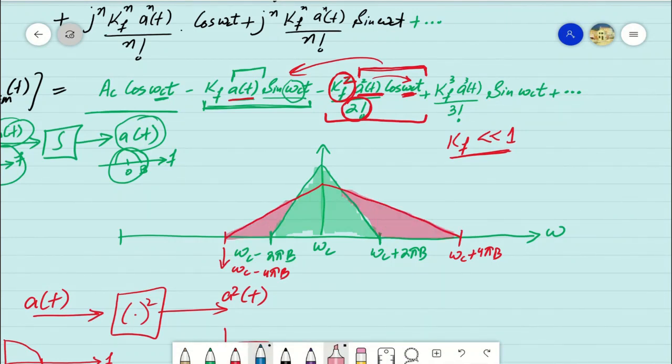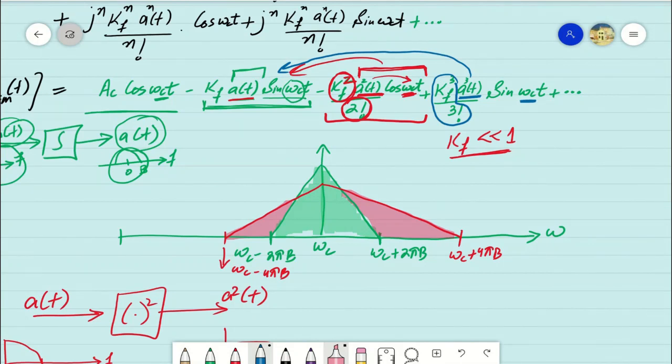Similarly, if we look at the fourth part of this equation, that is a cube of t, which will have 3 times the bandwidth as compared to the signal a of t, and it is shifted across omega c, and it is scaled with a constant number which is an even smaller number, kf being a number smaller than 1. Its cube will be a further smaller number, and it is being divided by 3 factorial.